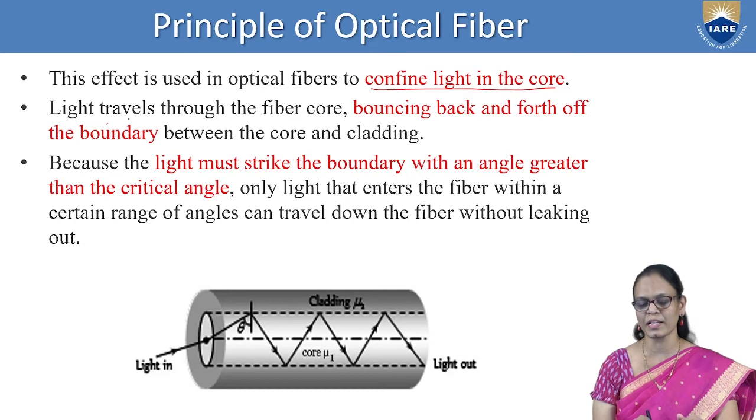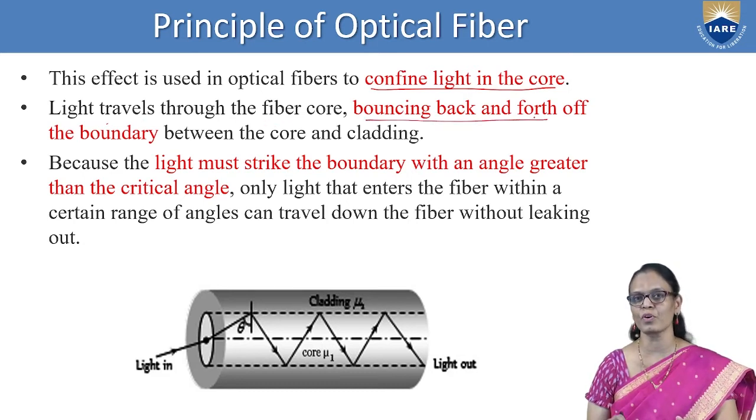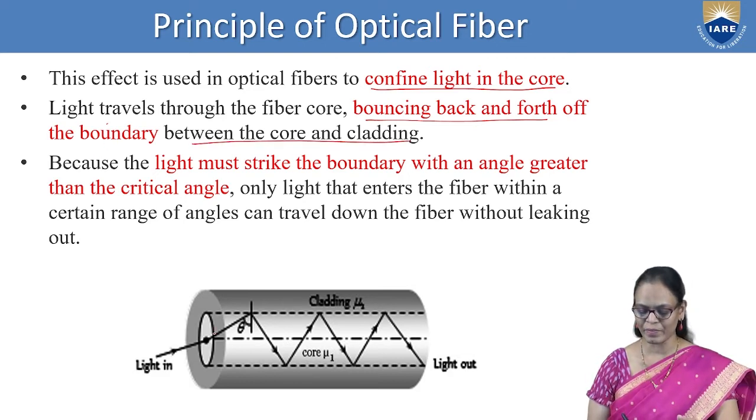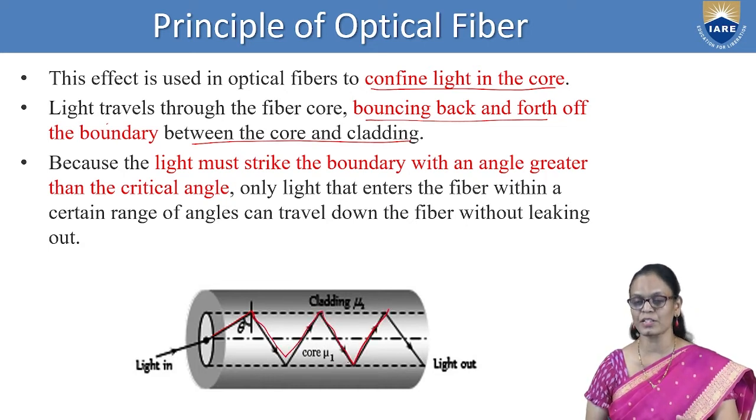So what happens here is light travels through the fiber core, bouncing back and forth between the core and the cladding. It will only bounce back inside the core, meaning it will be bouncing back at the interface of the core and cladding, and it will pass only through the core.